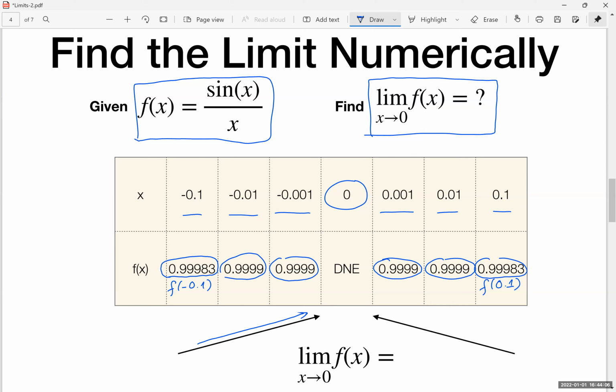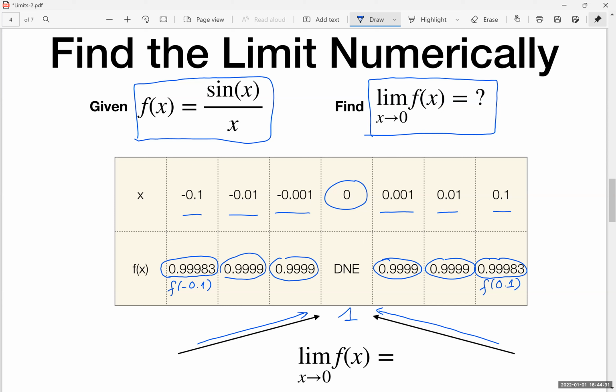So the function value f of x as x goes to 0 from the right side similarly starts from a slightly smaller value and approaches 0.999. And 0.9999, if you round it, is around 1.